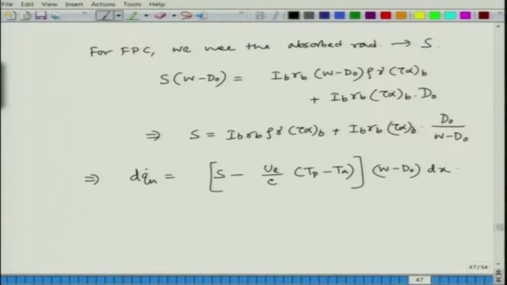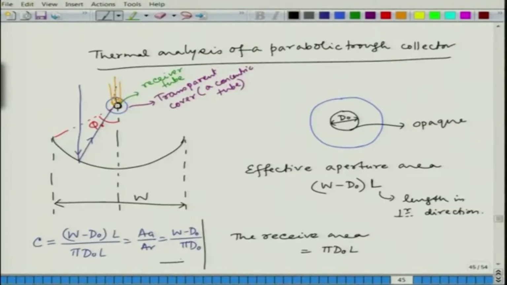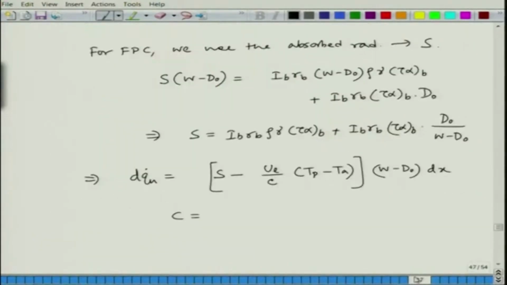Here we have introduced C. C is W minus D naught by pi D naught. So, everything else is the same, I just replaced that complicated expression in terms of S, which is the absorbed radiation per unit area, and we have introduced the concentration ratio, C.